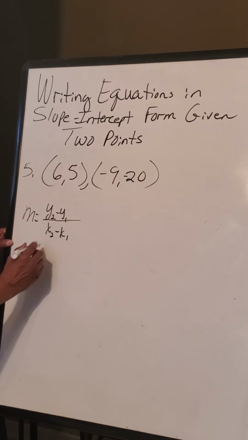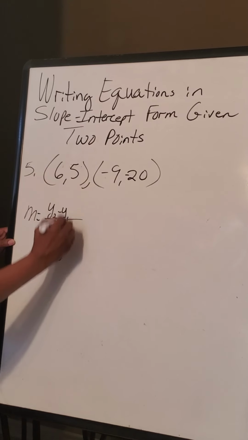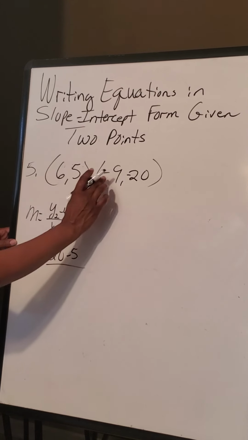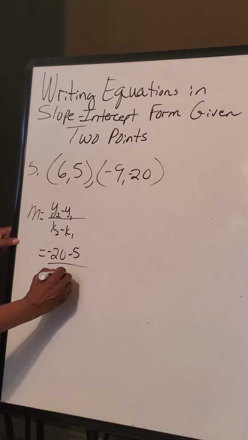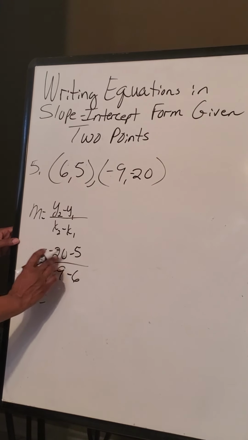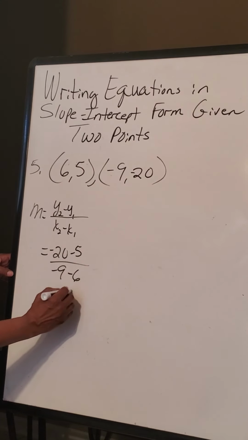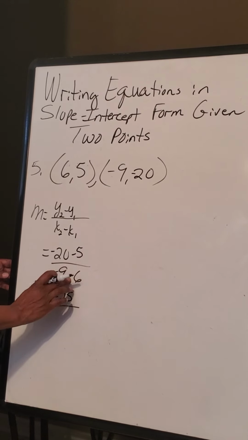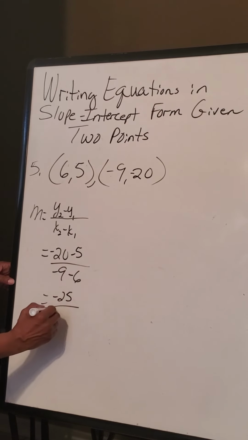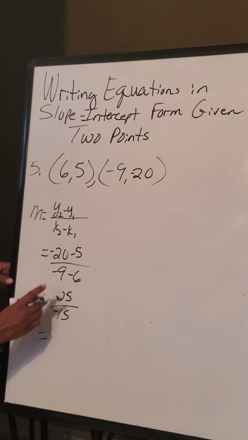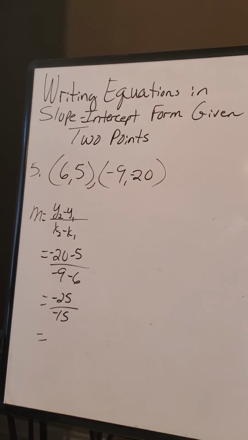As I substitute in my numerator, I have -20 minus 5. In my denominator, I'll have -9 minus 6. -20 minus 5 is -25. -9 minus 6 is -15. A negative divided by a negative is a positive.